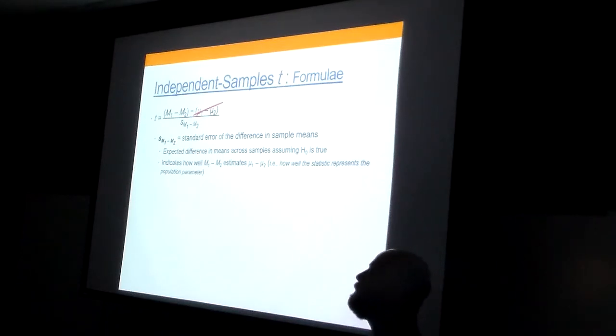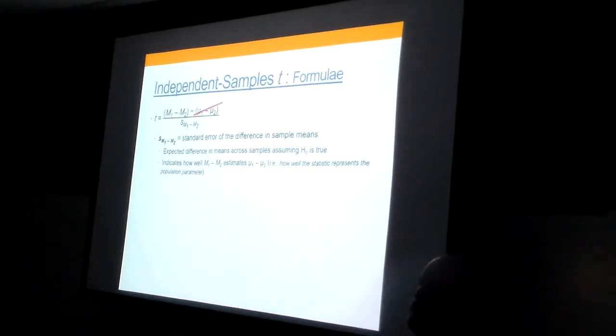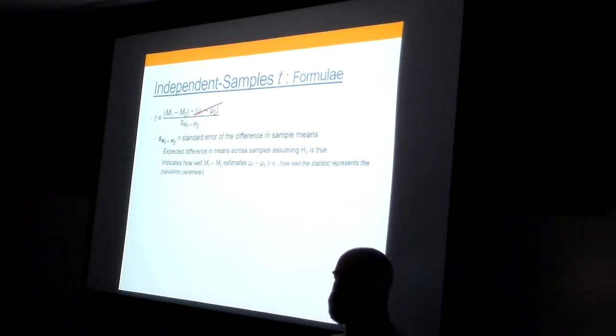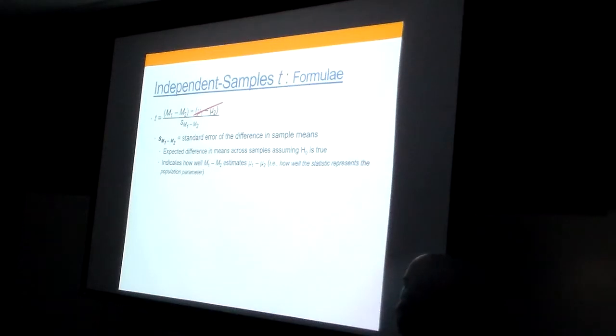Okay. So assuming that population 1 has an equal population mean to population 2, if I just randomly select any two samples from these two populations, Rajiv, would I expect the means of those two samples to be identical every time? No, there's always going to be some difference, right?